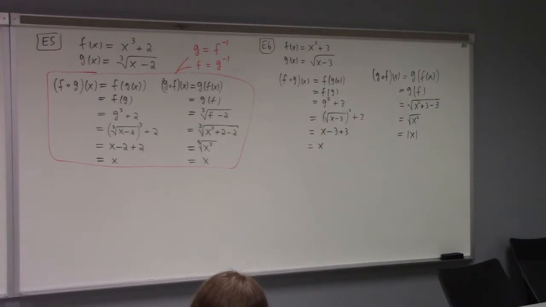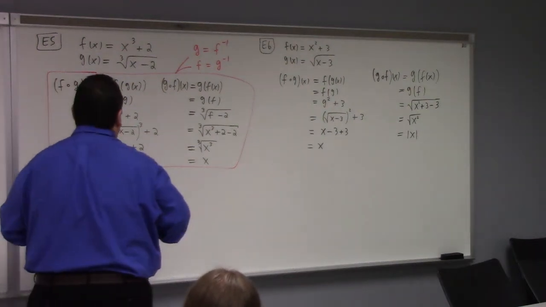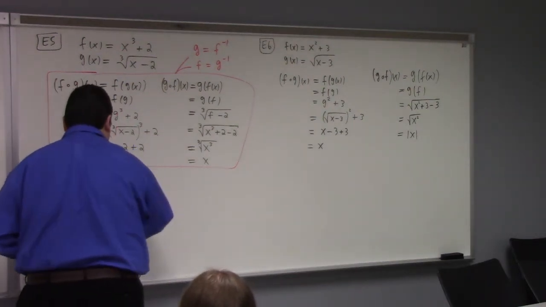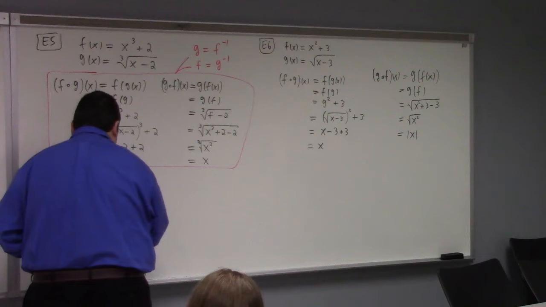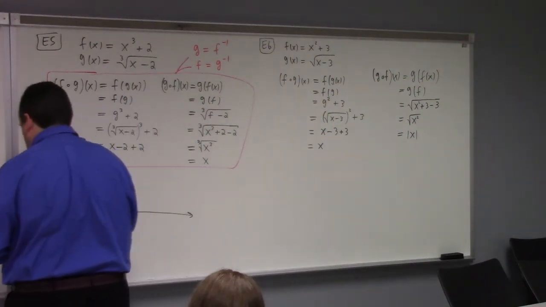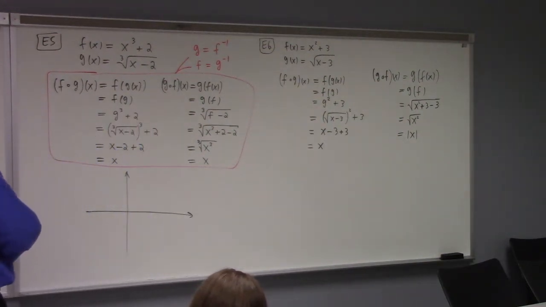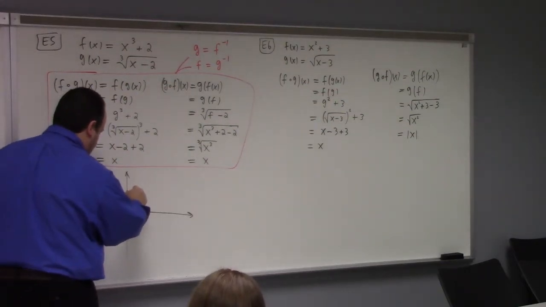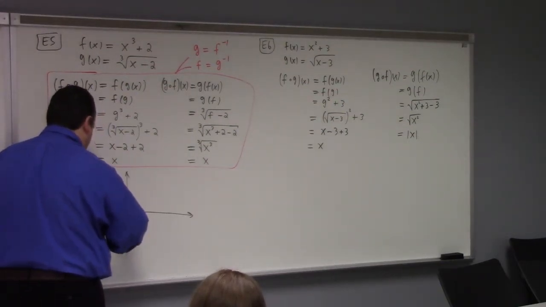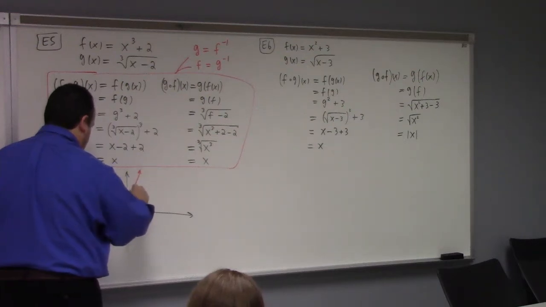What does this problem look like graphically? Can we graph the function and the inverse function on the same graph? I can foolishly try, right? So we've got a cubic function which is shifted up 2, so that's something like this, roughly speaking.